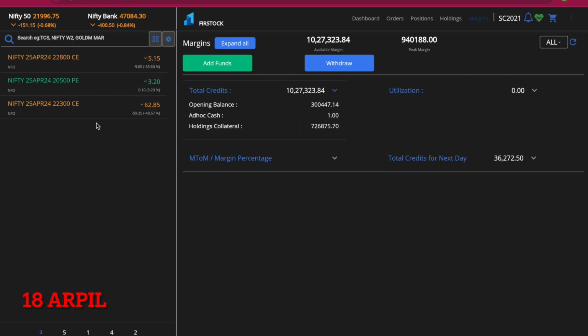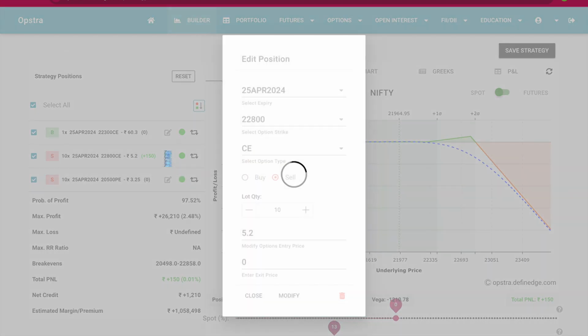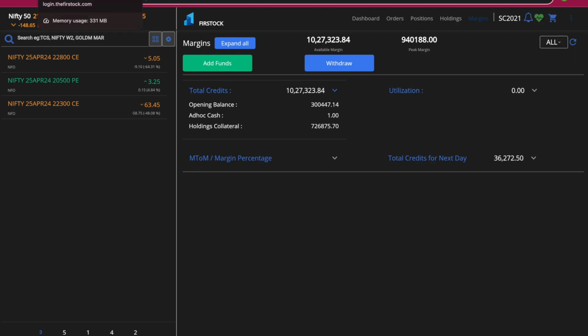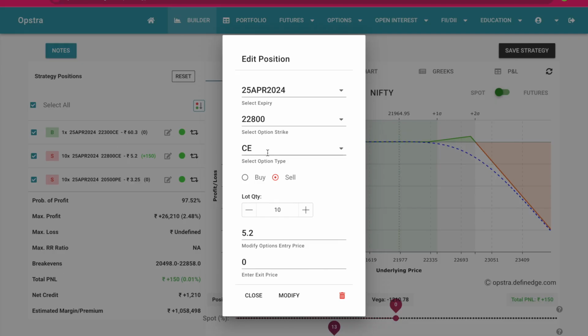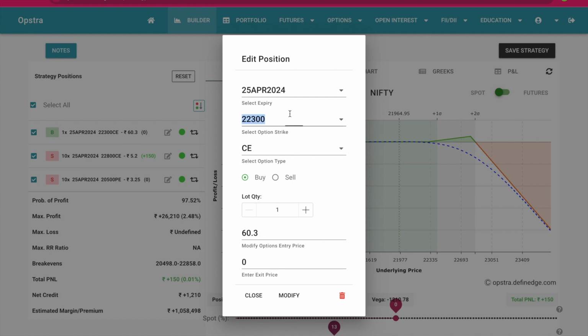So let's just go ahead and buy this CE at first. What we can do is basically we can add one lot of CE here. 10,58,000 is the margin. I don't think this will be good. You can go to 22,400.